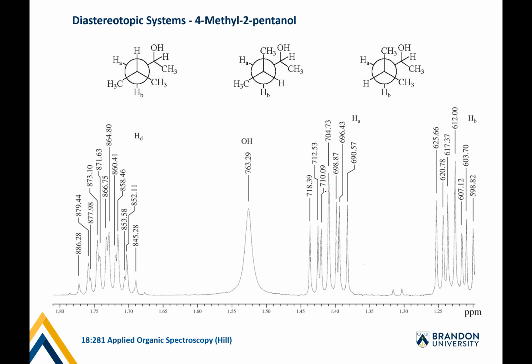So you see this pattern here. Laser, where's my laser? 1, 2, 3, 4, 5, 6, 7 peaks. And you'll notice that this peak, this peak, this peak are relatively the same size.